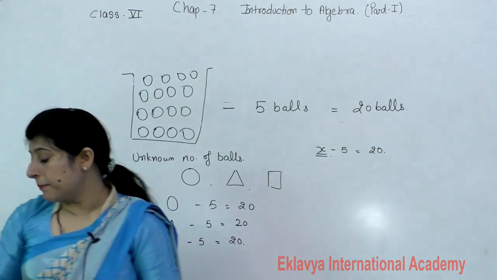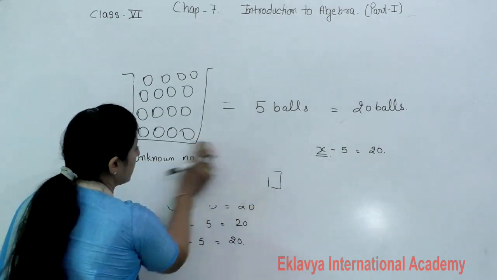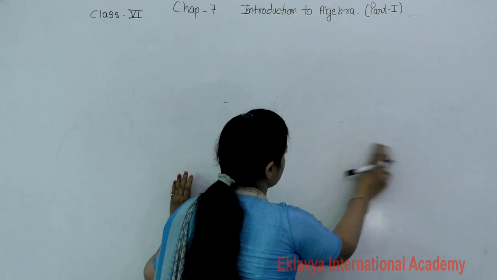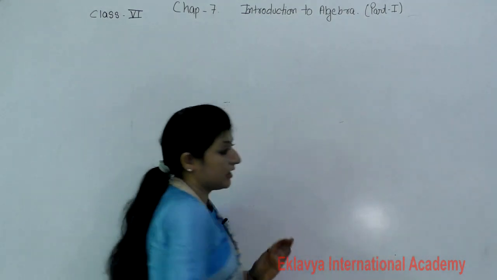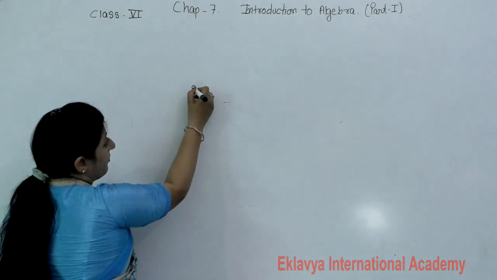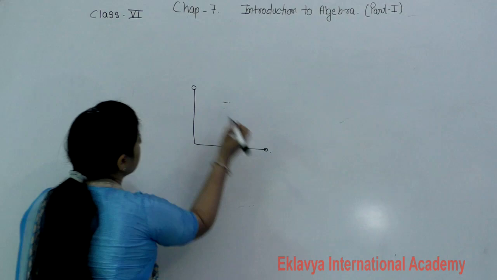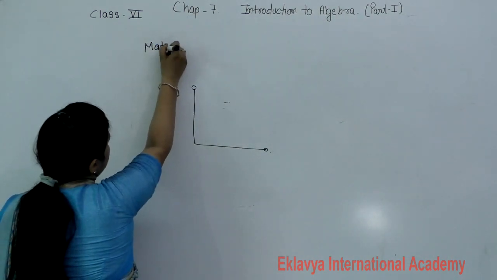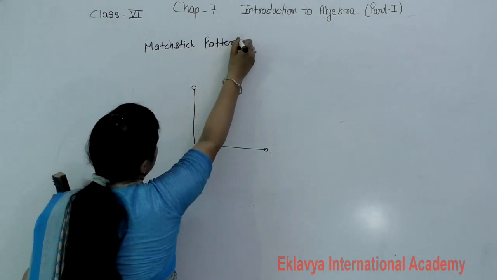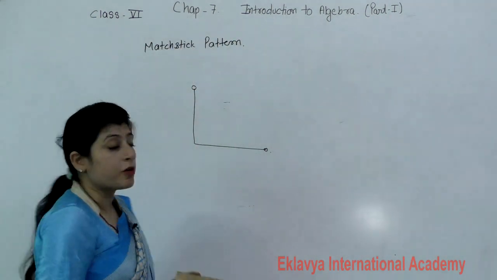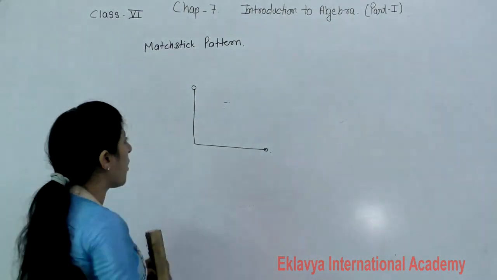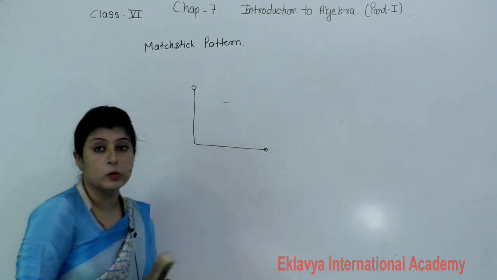We take another example. Suppose we are using matchsticks. This is a matchstick pattern. In this pattern, suppose we want to represent the letter L. For making the L, how many sticks do we require? 2.